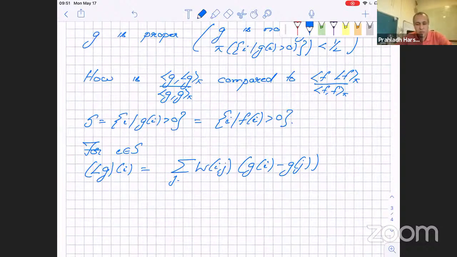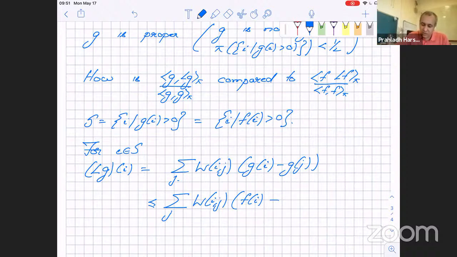Now, I want to replace G's with f's. Because i is in S, G(i) is the same as f(i), so I can replace this with f(i). What about G(j)? Minus G(j) is only going to become larger. Either it is f(j) itself or it is going to become a larger quantity. So as an inequality, this is true.